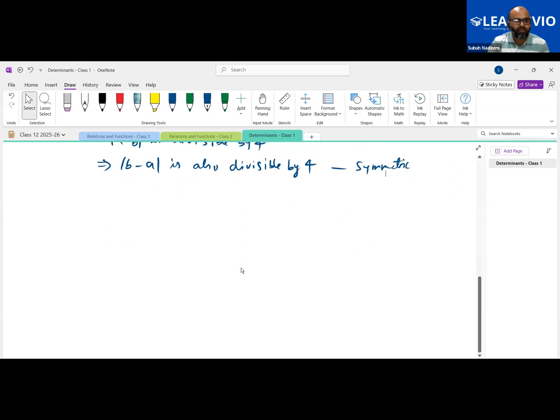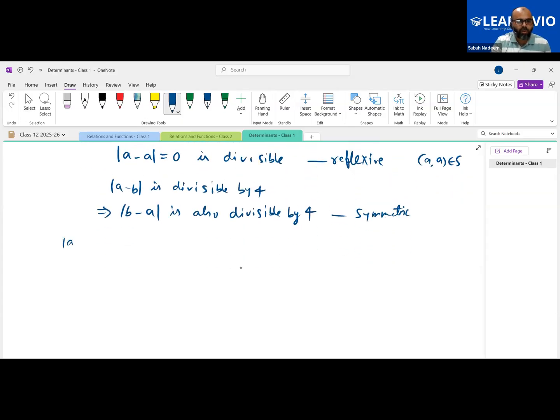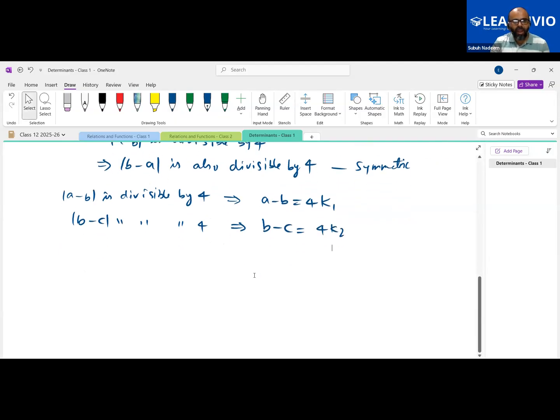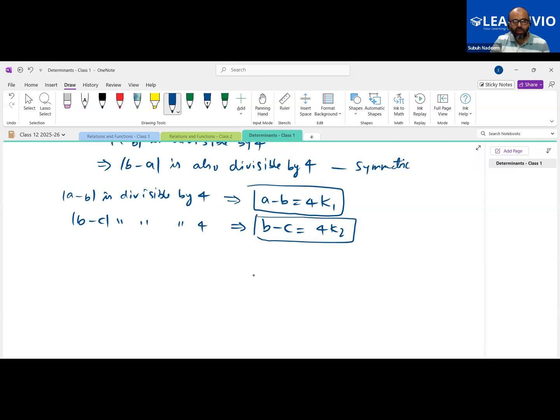For transitive, you will say that if mod of a minus b is divisible by 4 and mod of b minus c is divisible by 4, so what does it mean? It means a minus b is a multiple of 4, 4k1, and b minus c is a multiple of 4, 4k2 suppose. If you add this equation with this equation, minus b and plus b will cancel. a minus c will become 4(k1 plus k2).